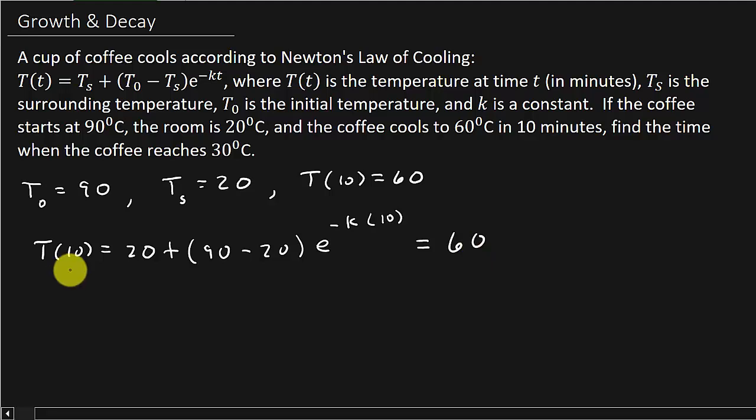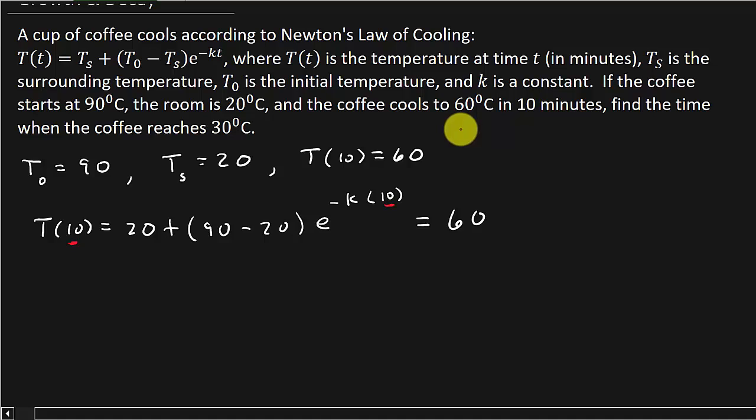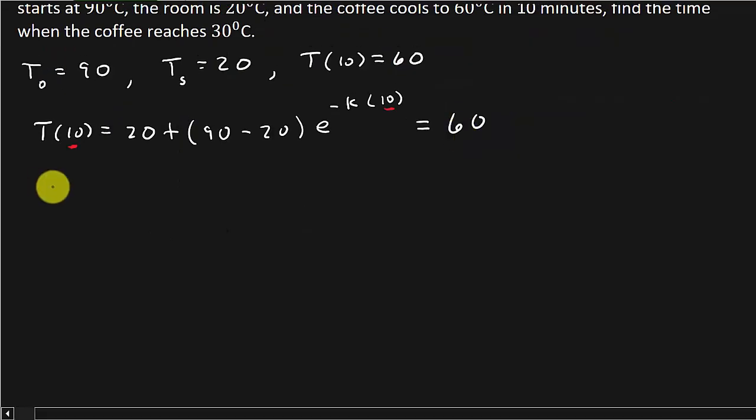So basically, that's going to give us 20 plus 70e to the negative 10k is equal to 60. You have the 90 minus 20, that's where the 70 comes from.